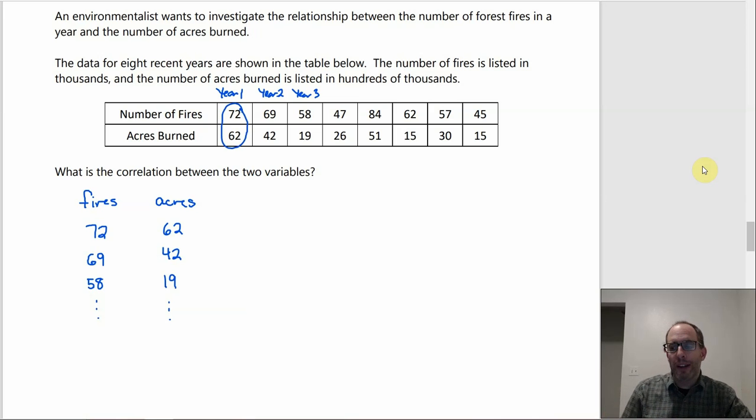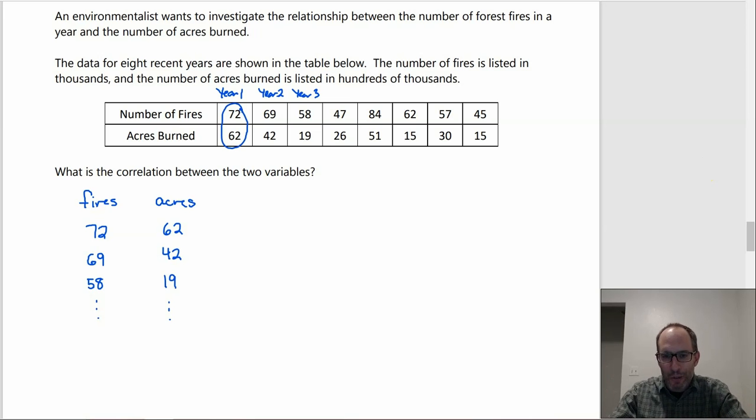The way you do that is that when you have the data in the spreadsheet, either in Excel or in the StatCrunch spreadsheet, they need to be in the same row. So the easiest way is to copy the numbers verbatim, in the order that they show up there. So 72, then 69, then 58, then 47, and so forth for the number of fires. And then for the acres burned, 62, 42, 19, 26, and so forth. That way, the 2 values for every individual year end up in the same row. That's what you want. You need those to match up. Otherwise, you'll get something that's not really what you're supposed to get.